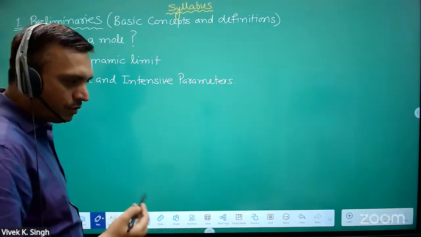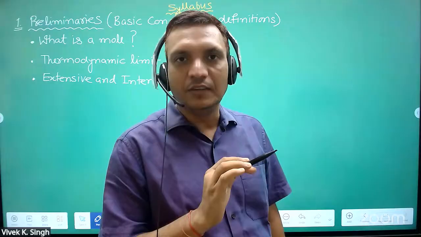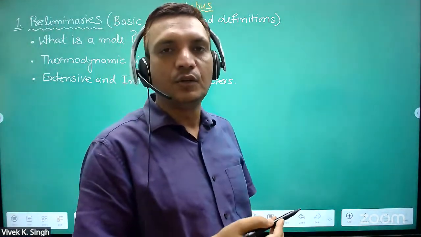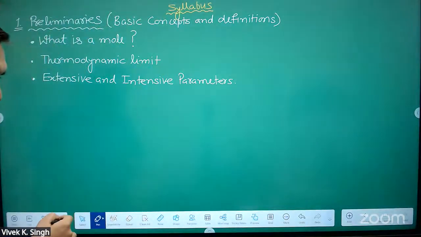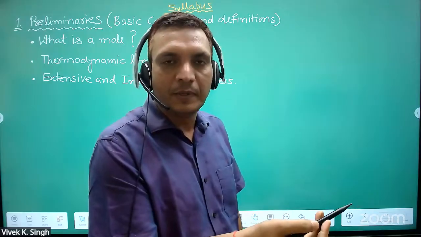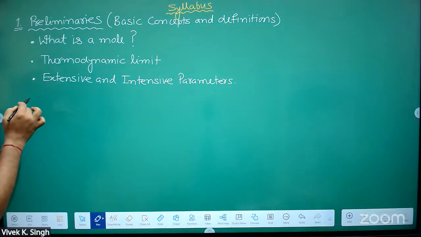Throughout thermal physics, whenever a new parameter comes, you have to see whether it is extensive or intensive. If you know the meaning of extensive and intensive, only then you can identify. Sometimes they have also asked whether a particular parameter is extensive or intensive. So it's a basic part you must know.